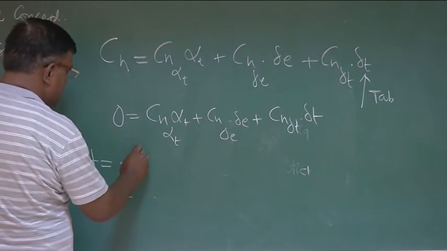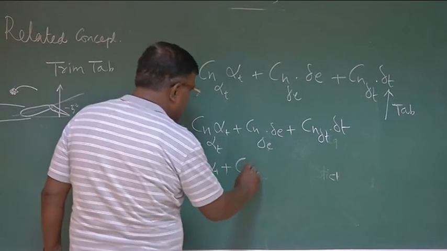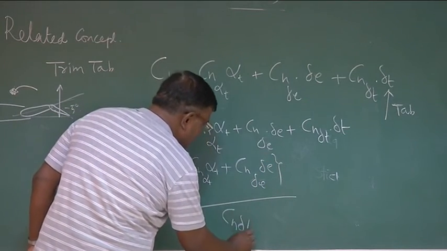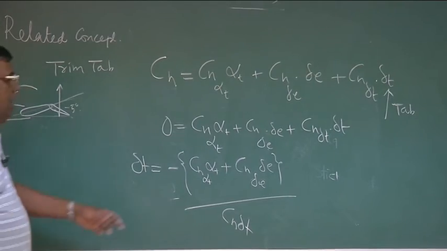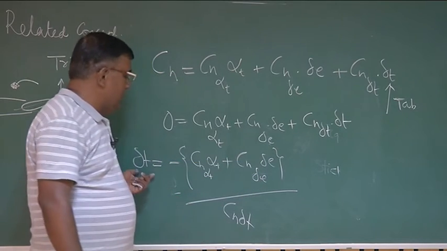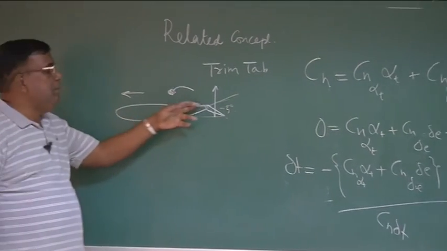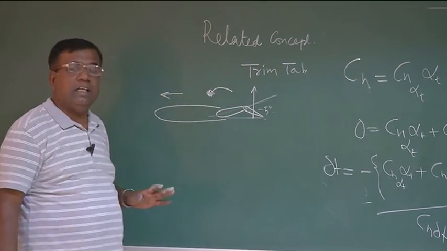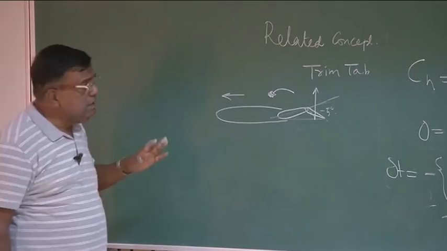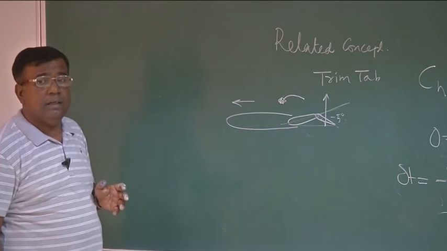That will be minus CH alpha t into alpha t plus CH delta E into delta E divided by CH delta t. So if you design properly for a given alpha t, given delta E, which I need to keep, I can easily find out how much trim tab deflection is required. So I can easily calibrate this deflection based on this understanding. Okay, final correction will be done by the pilot, right, through a lever.